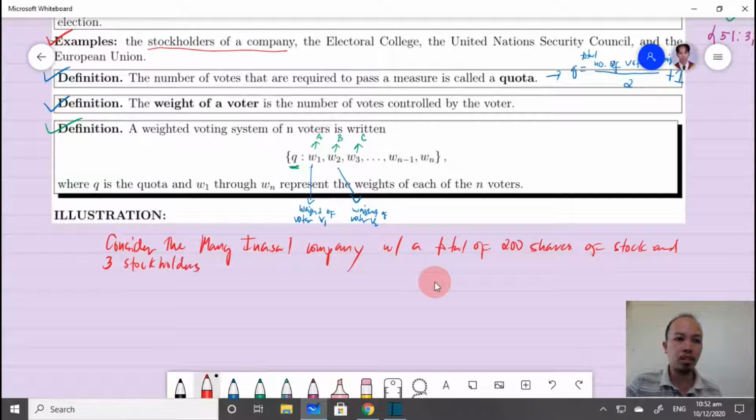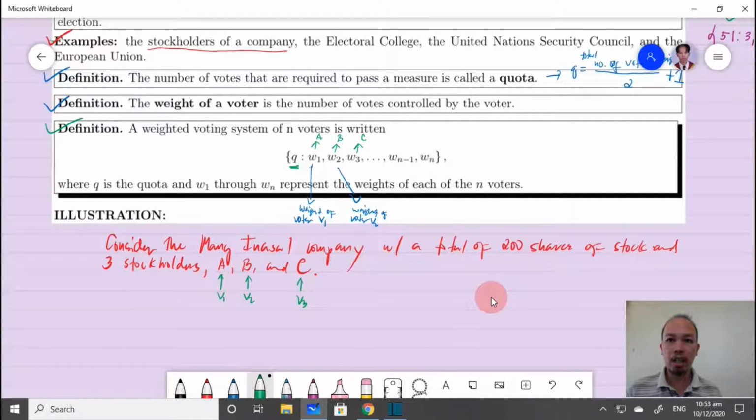Let's say the stockholders are denoted as A, B, and C. So this stockholder, we will denote as V1, the voter V1. This one is the voter V2, and this one is the voter V3. So 200 shares of stock and 3 stockholders.